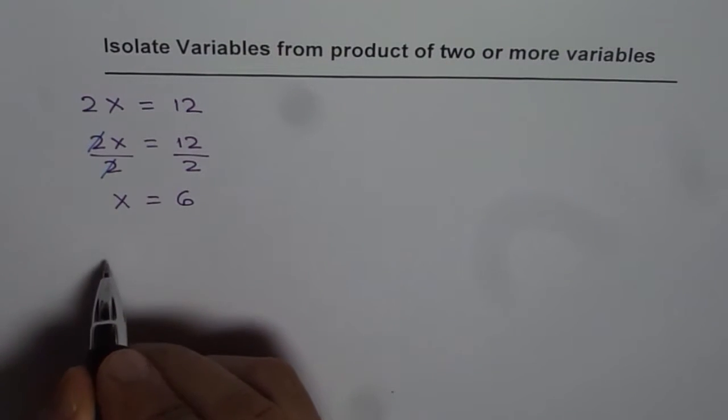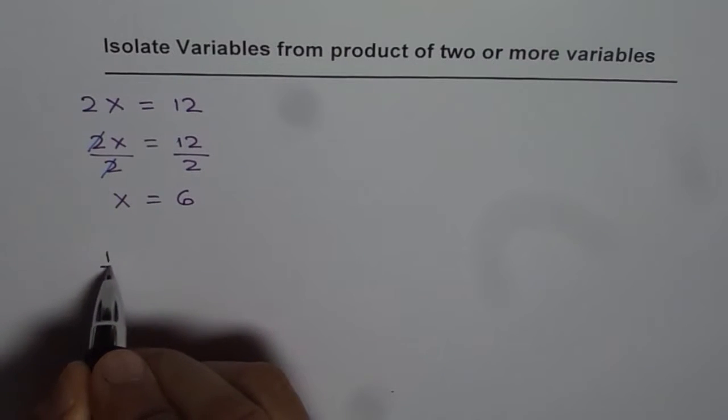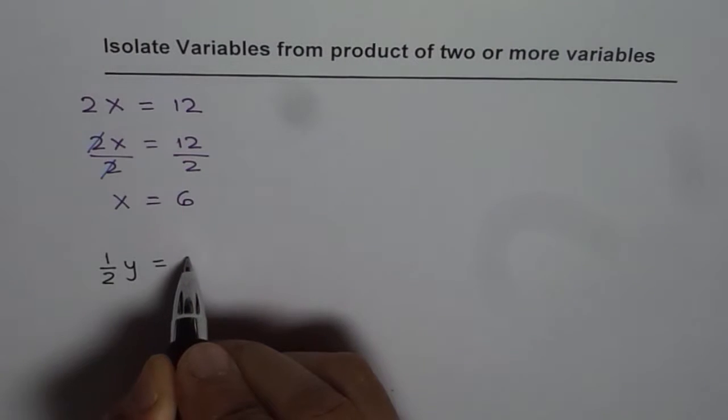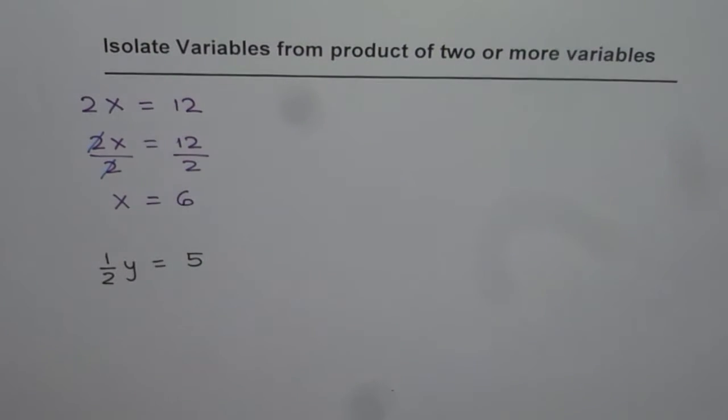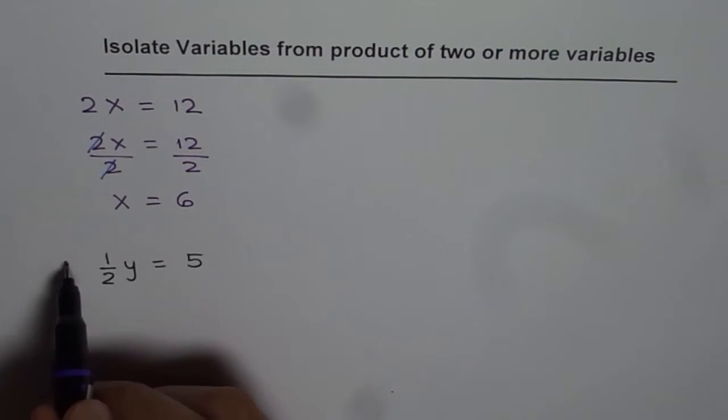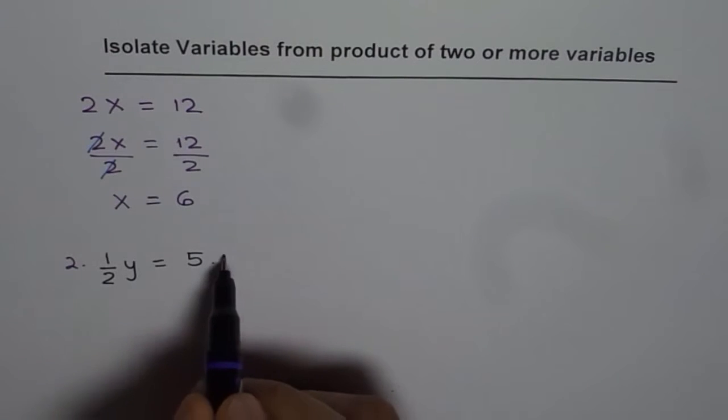Now let us take another example, and this time let me say half of y equals, let us say, 5. What is y? To find y, what are we going to do? We want to eliminate half, right? So y divided by 2 is 5. To get rid of this division, we should multiply both sides by 2.